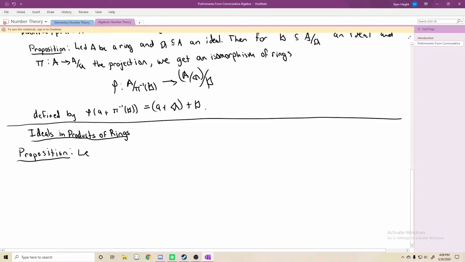Let A and B be rings with ideals 𝔞 and 𝔟, then 𝔞 times 𝔟, a subset of A cross B, is an ideal.